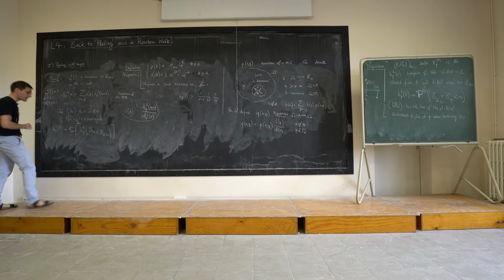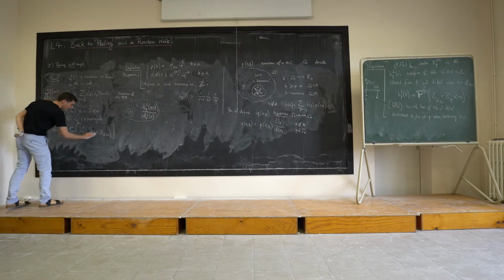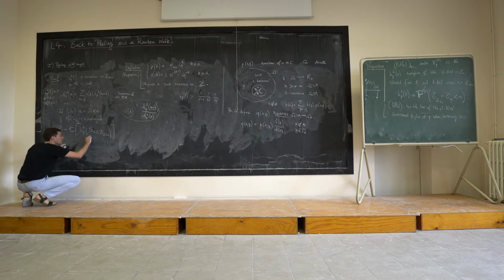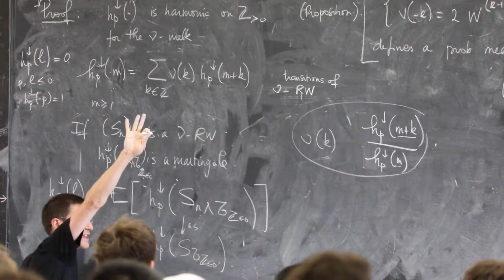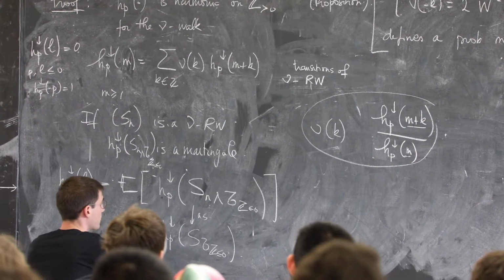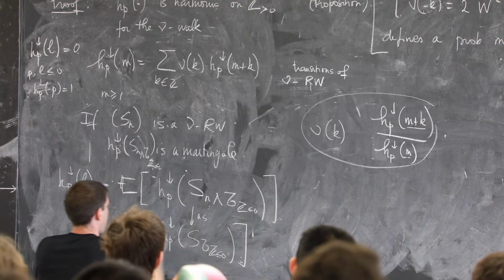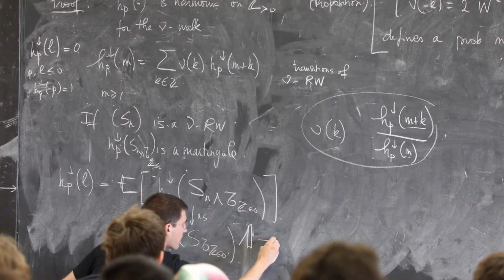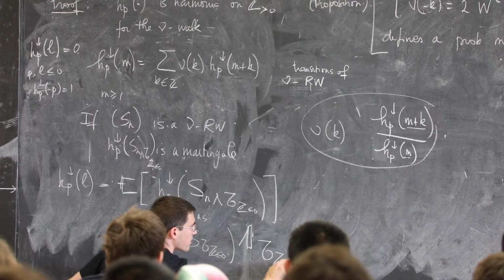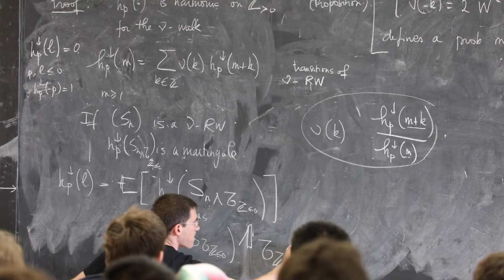Right, so you can let n go to infinity, and this guy will converge towards, well, the stopping time, tau at the stopping time. But if you don't reach the negative half line, that means that you are going away to infinity, and so your h tends to 0. So let me put it here: indicator that you actually enter the negative half line.